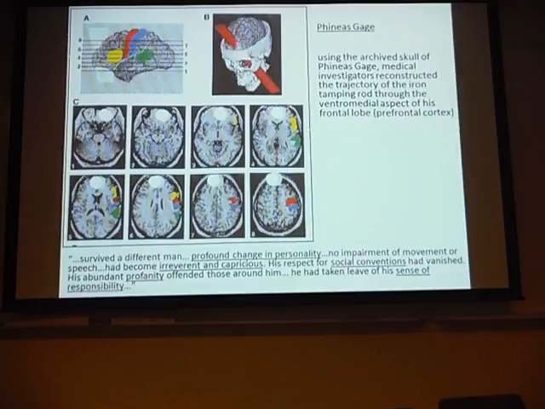He became very capricious, the "I don't give a shit" syndrome. He had a hard time with social conventions, used profanity, and lacked a sense of responsibility. It wasn't necessarily a study, but he was studied after the fact, and it gave us a lot of information about why the prefrontal cortex is important.